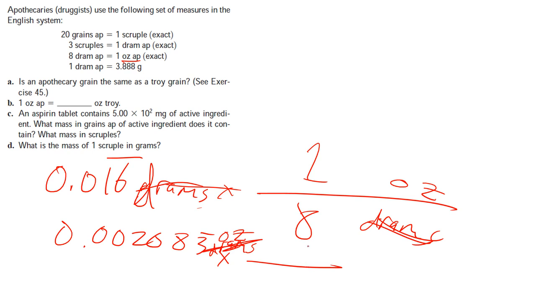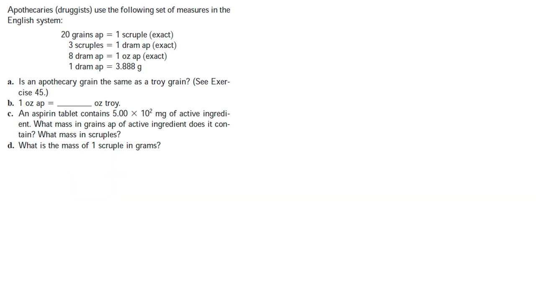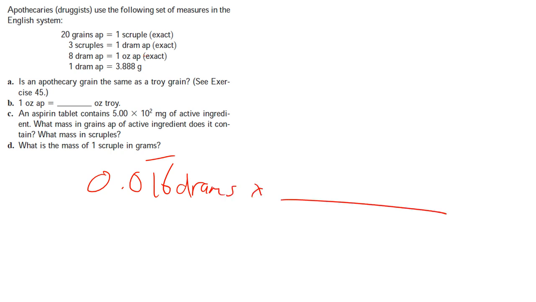Oh, did I do something wrong? Oh, yes, I did. My bad. It should be 0.016 repeating grams. And we don't actually have to convert to ounces, we just convert to grams. 1 gram is equal to 3.888 grams.